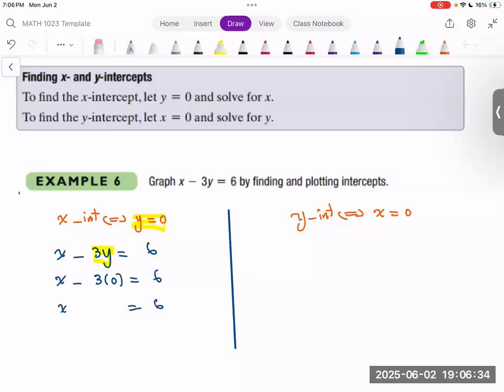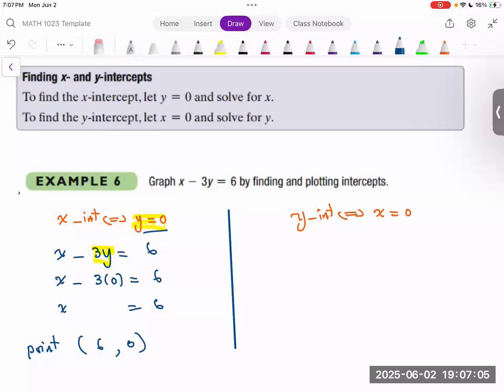And I'm solved already, right? So x equals 6. It's not wrong to say x equals 6 is the x-intercept, right? However, if you want to write it as a point, what will be the coordinate of this point? We know x is 6. What about the y? Do you remember the y we set at 0? Very good, so don't forget that, right?